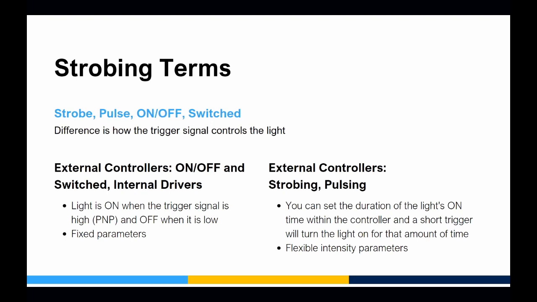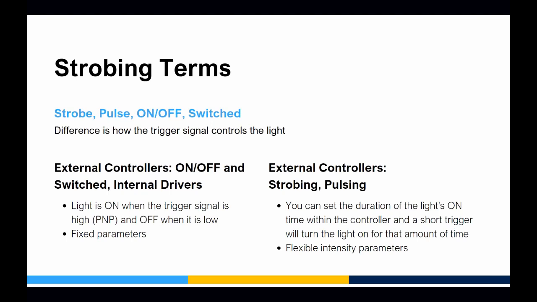And then my trigger signal can come from a sensor, sensing the part go by, and it sends a quick trigger signal to my controller. My controller then turns my light on for 150 microseconds, and then the light turns off, and it does not turn back on again until my sensor senses another part and sends another trigger signal.